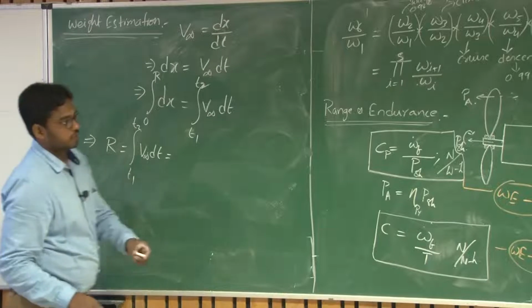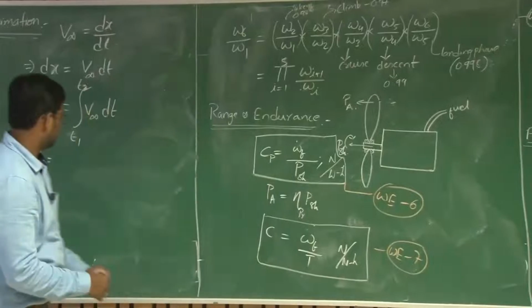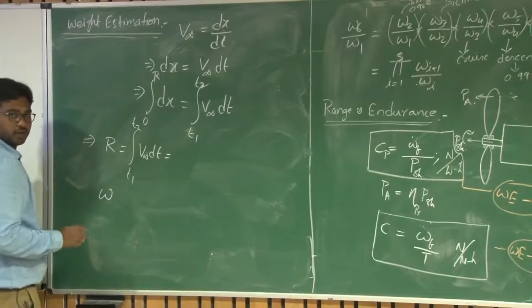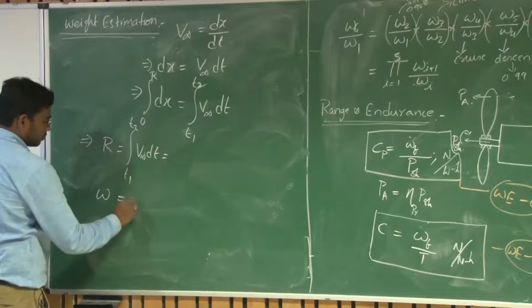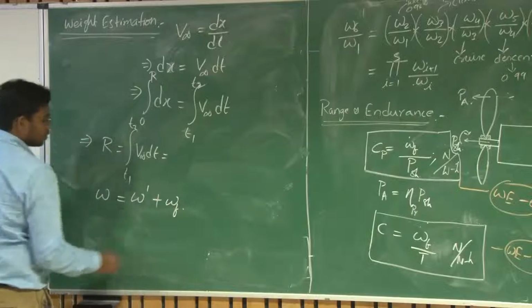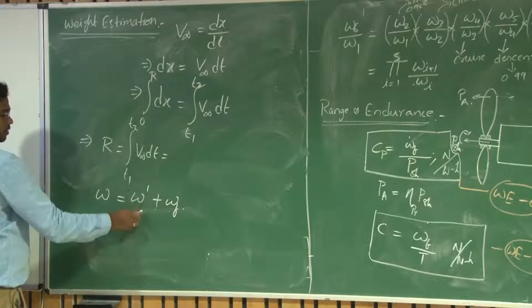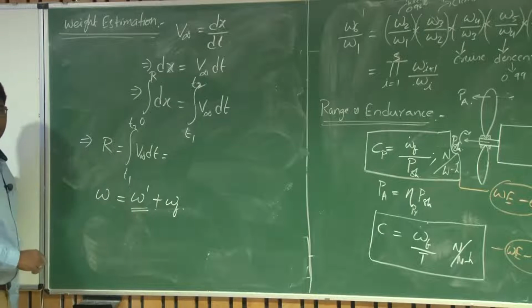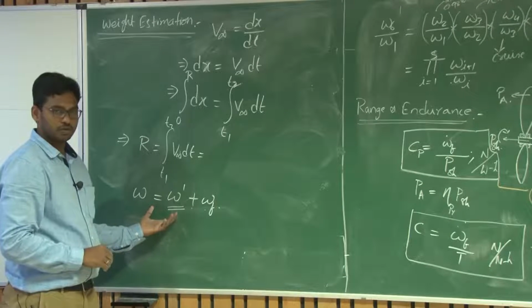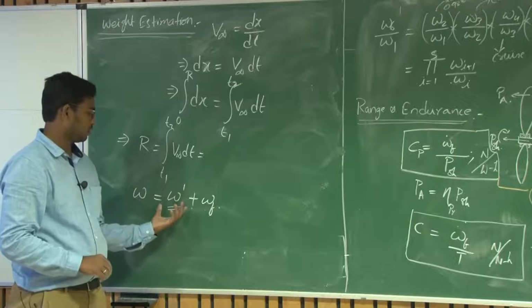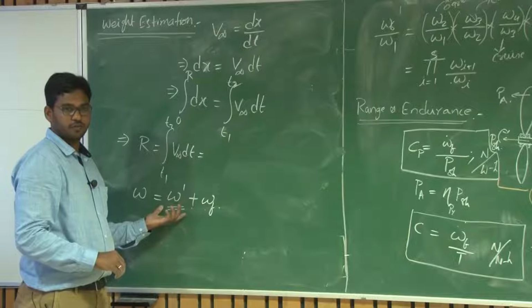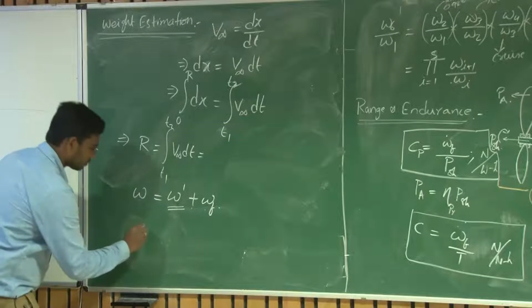Okay, let us go back to this weight again. Let us look at this weight. What is the total weight of this aircraft? It is equal to the weight of the fuel plus total weight other than fuel, right? Do you accept this? So the total weight of the aircraft is equal to the weight of the fuel plus the weight of the aircraft minus fuel.